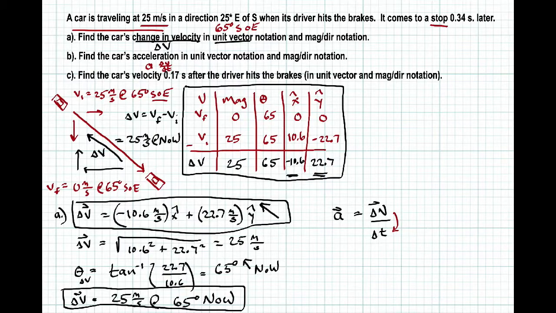What I'm saying here is that the acceleration, or you might say the deceleration, but stick with me here, the acceleration of the car is going to be in the opposite direction that it's going. So this will be easy to find because all we need to do is divide our change in velocity vectors by time and we'll have our acceleration.